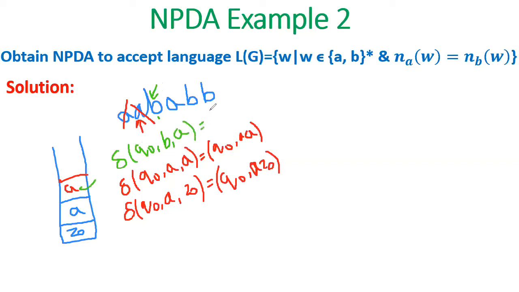So what does it say? Q0, and you take epsilon. That means this A is popped. Now you have deleted this A with one B. So this is the string you have now, right?